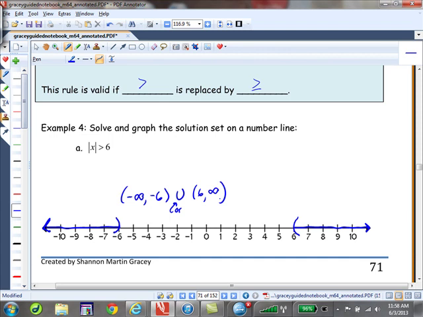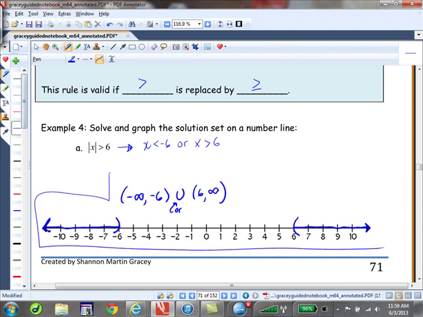There's a gap in between them, so you can't just do one. So applying the definition, we would have gotten x is less than negative 6 or x is greater than 6. But I wanted to show you why that was true. So this is the answer to this problem.